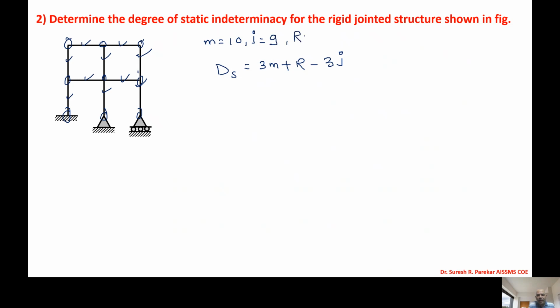And R, the number of reactions: we have 3 over here, 2 over here, and 1 over here. So R is 6. So 3 into 10 plus 6 minus 3 into 9: 30 minus 27 is 3, plus 6. So we have 9. So ds for this structure is 9.